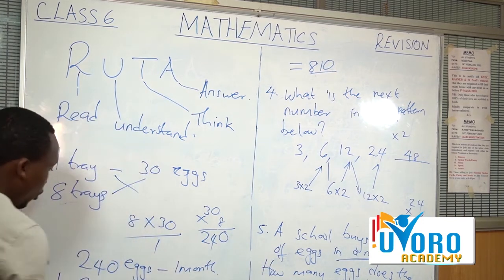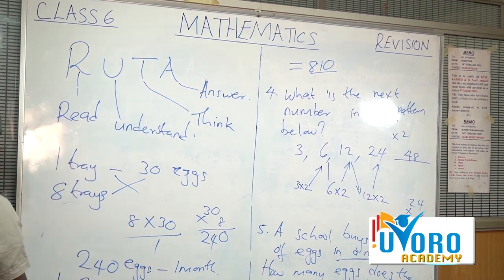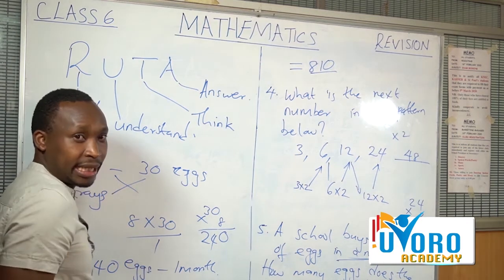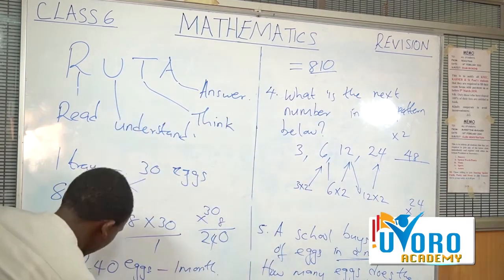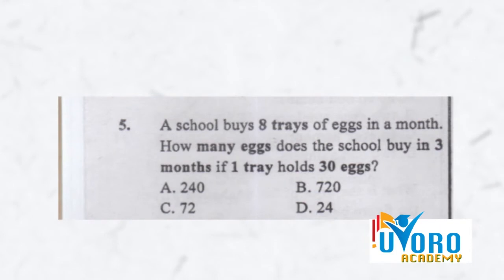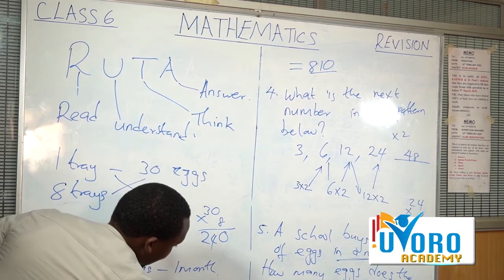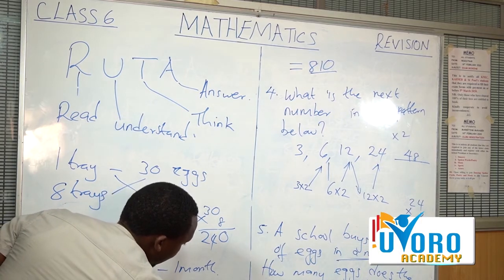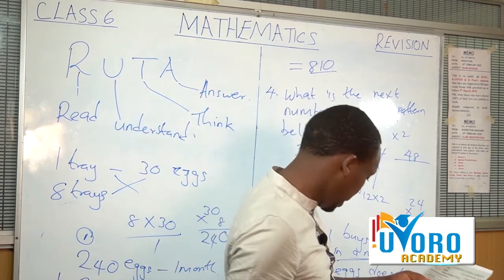All together, we add. 0 plus 0 plus 0 is 0. 4 plus 4 is 8. 8 plus 4 is 12. Carry 1. 2 plus 2 is 4. 4 plus 2 is 6, plus what we carried, 7. So, the total number of eggs bought for 3 months is 720.